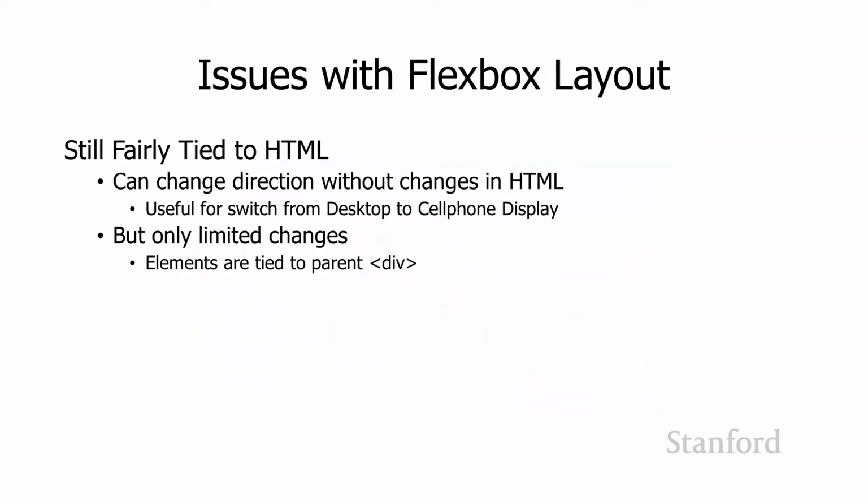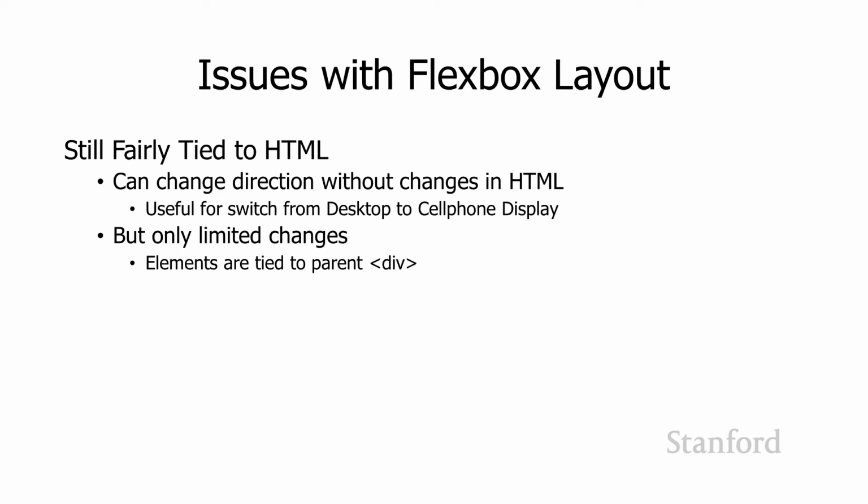The issues involved here are that we're still fairly tied to the HTML. We can do some things where the HTML is already set up and we can change the direction. So this actually could work pretty well if I've got a desktop monitor, maybe I want to lay things out in a row, but if it's going to be on a cell phone, that's going to be really narrow, so I want them to appear in column.